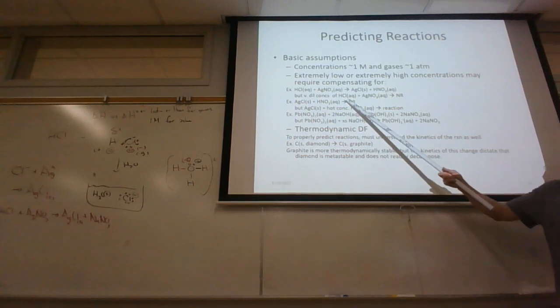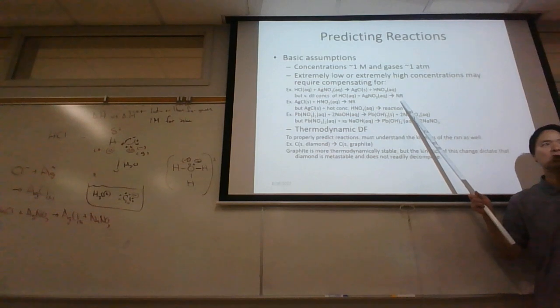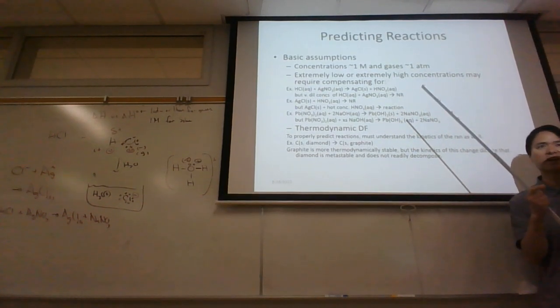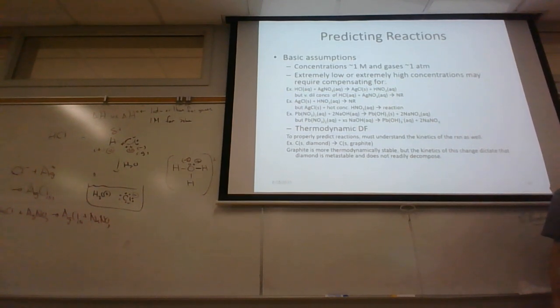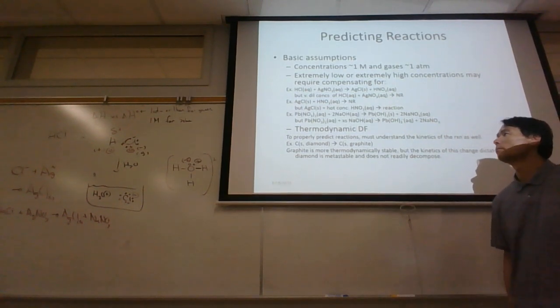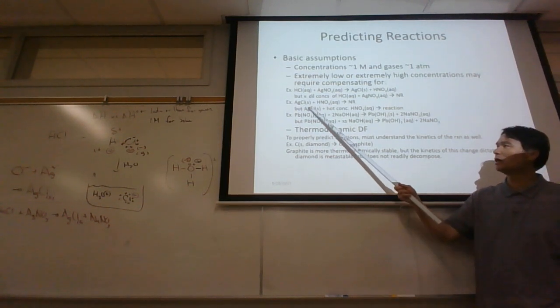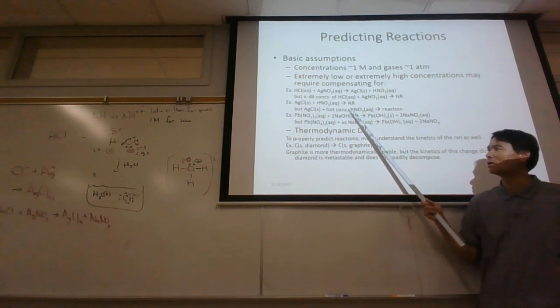And so under very dilute conditions, I don't predict the same thing. I might see no reaction here. Because in order to see it precipitate, I need like a milligram of it or half a milligram to visually see it. I might not see any precipitation. Under standard thermodynamic conditions, silver chloride plus HNO3, no reaction.